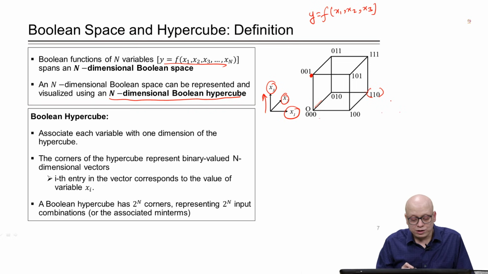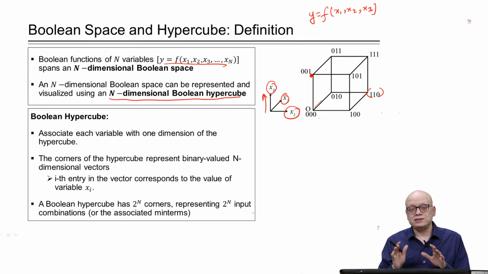Now, a Boolean hypercube has 2 to the power n corners. If there are n variables and each variable can take a value of 0 or 1, we will have 2 to the power n corners. In this case, there are 3 variables and therefore we have 8 corners. So, it represents 2 to the power n input combinations, similar to a truth table.